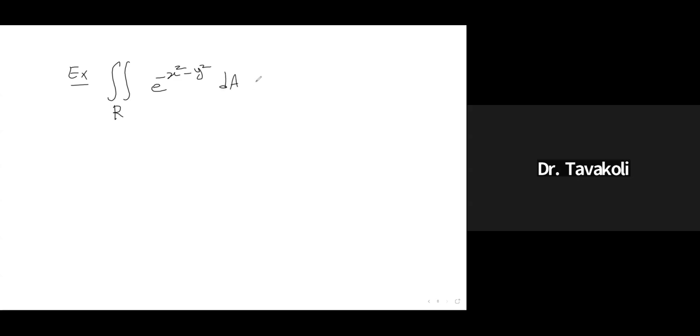And the region that we are talking about is the region R. Sometimes R is described in x and y, and we change it to the polar description. So it's all the (x, y) such that x squared plus y squared is less than or equal to 36.